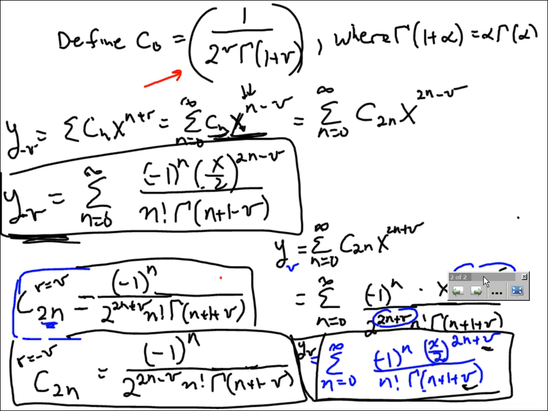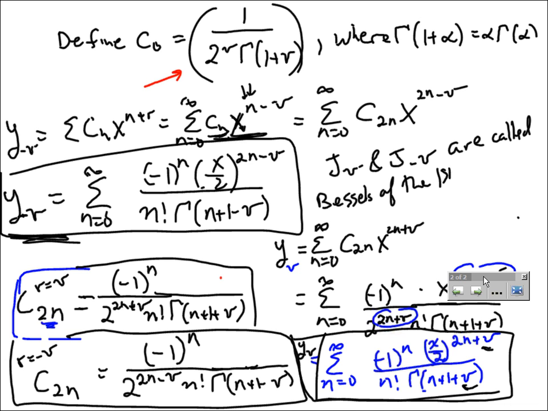And these two solutions, j sub v and j sub negative v, are called Bessel functions of the first kind, of order v and negative v respectively.